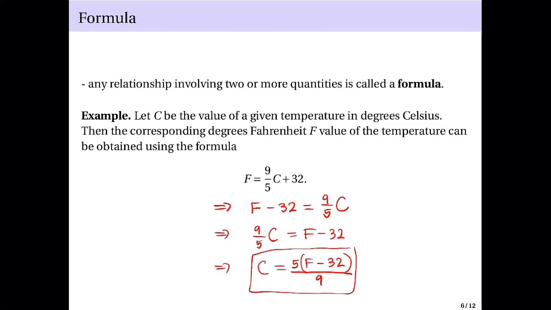So the degree Celsius value for a given F can be obtained using this formula. Okay.